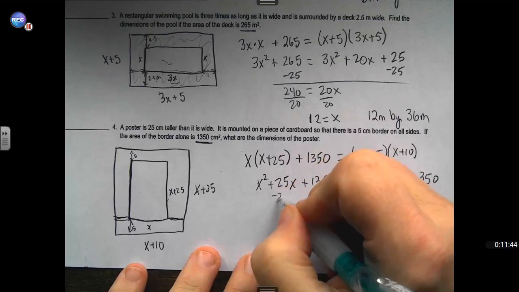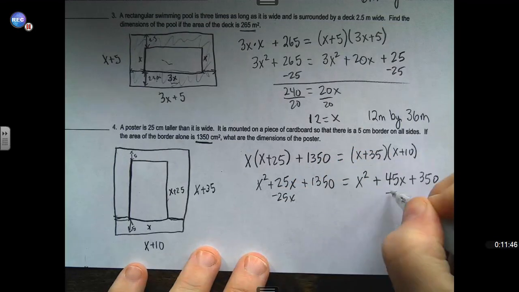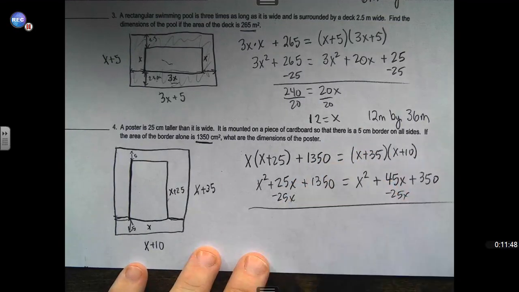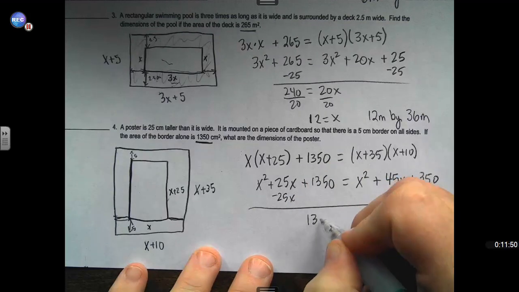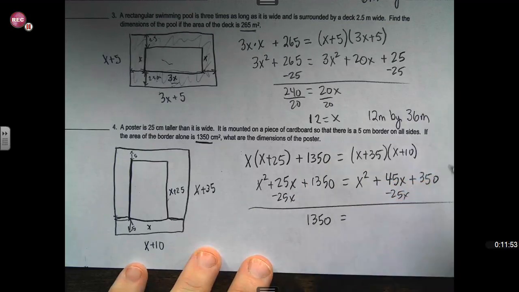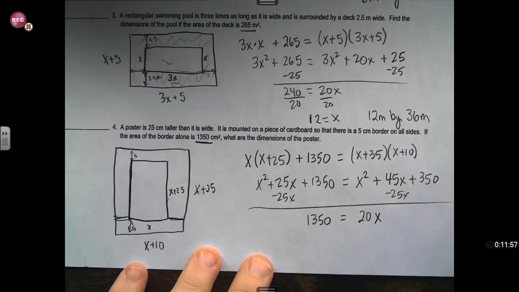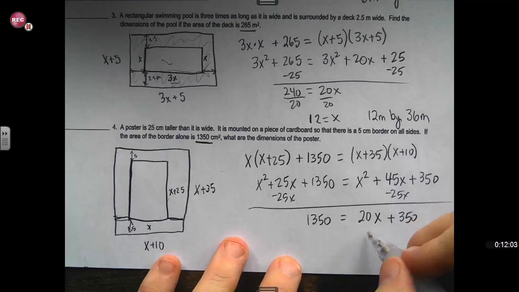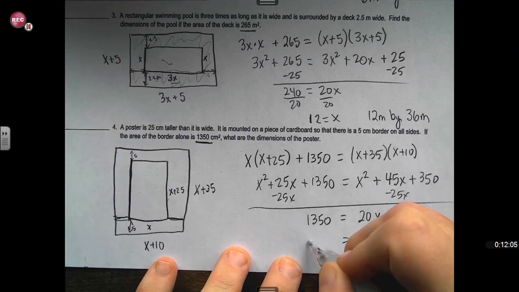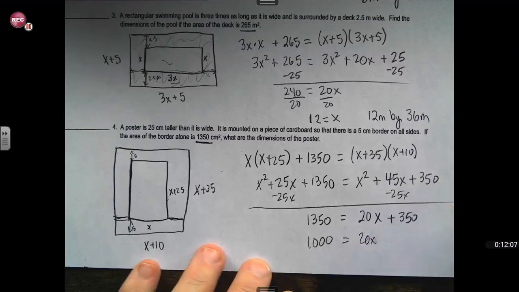Then I'm going to go ahead and subtract 25x from both sides. So I'm going to have over here 1350 equals 20x plus 350. And I'm going to subtract the 350, get 20x equals 1000.